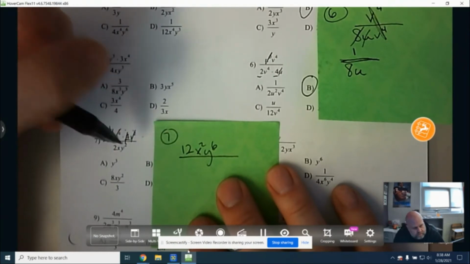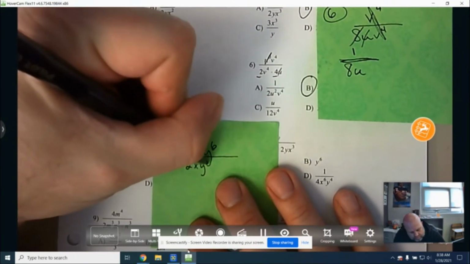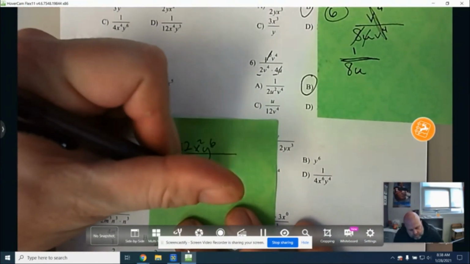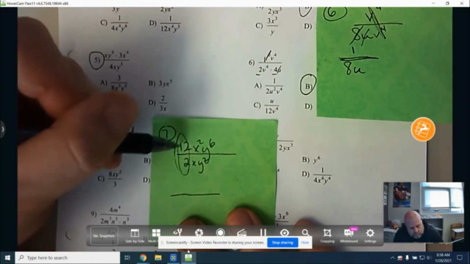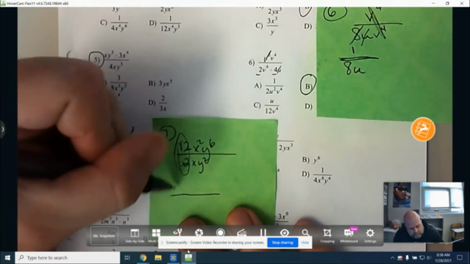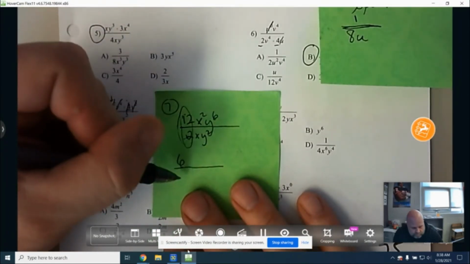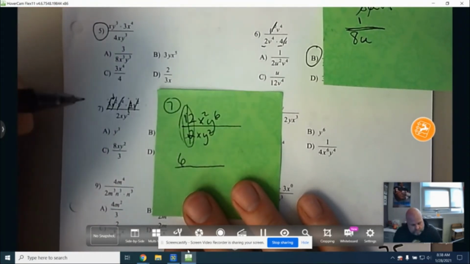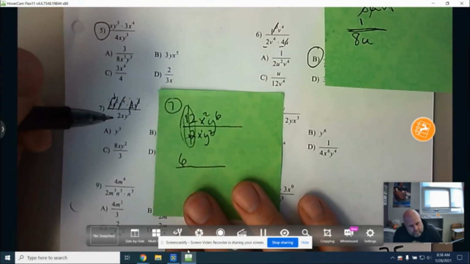The bottom is simplified right now, so I'm just going to come over and rewrite the bottom. Okay, now we need to go ahead and divide. So 12 over 2. 12 divided by 2 gives you 6. So the 6 stays up top. I could put a 1 on the bottom, but I don't have to. All right, so I used those. X's, you got 2 X's up top, and we have 1 X on the bottom.